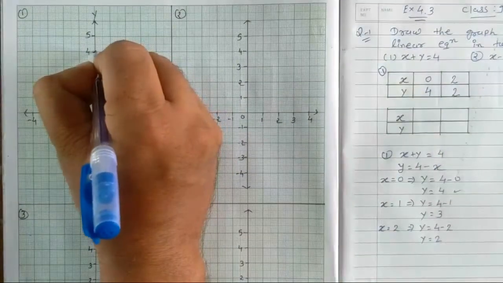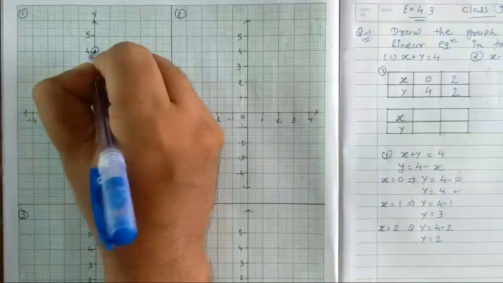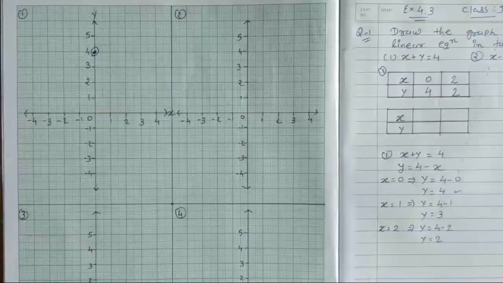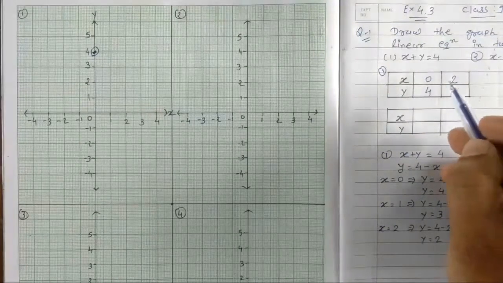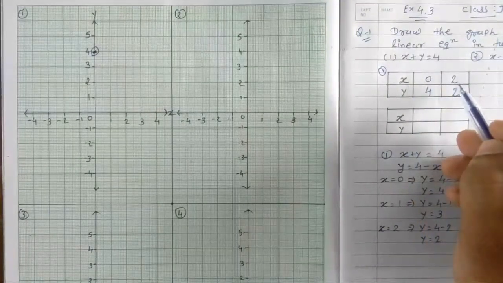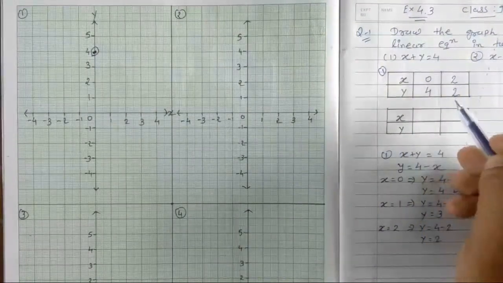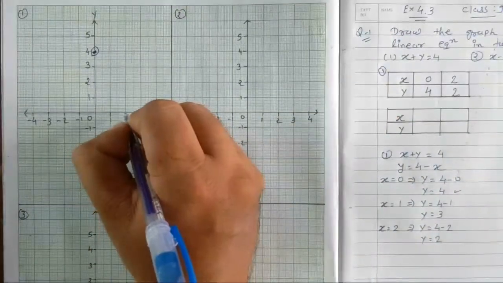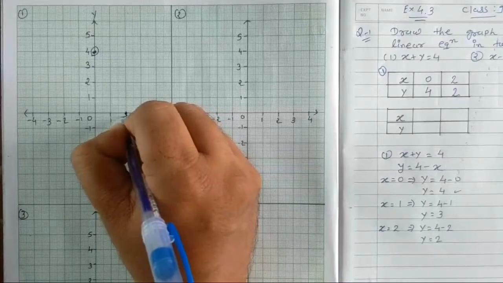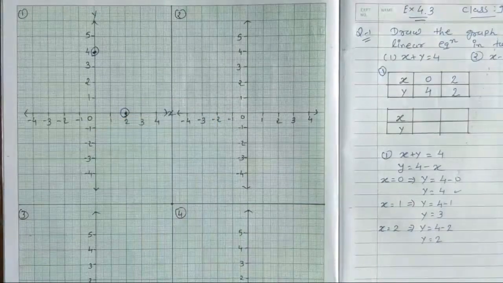So y is here. This is the first coordinate. Now the second coordinate is when x is equal to 2. At that time y is equal to 2.